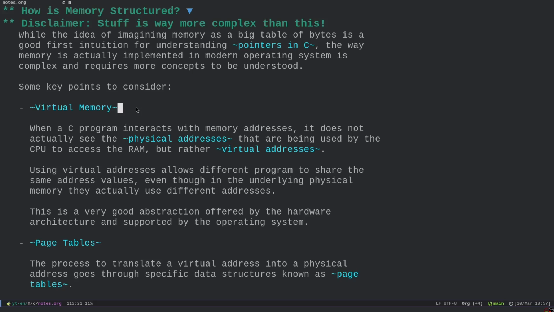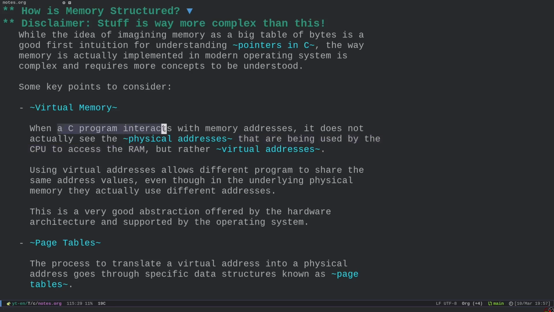Now, the C programming language has an abstract view over memory. Why? Because there's this concept called virtual memory. When a C program interacts with memory addresses, it does not actually see the physical addresses that are being used by the CPU to access the RAM hardware component.